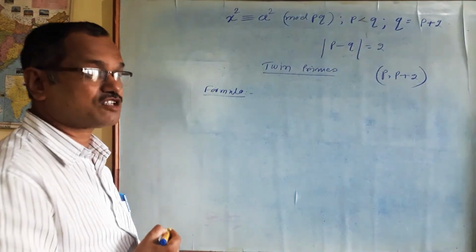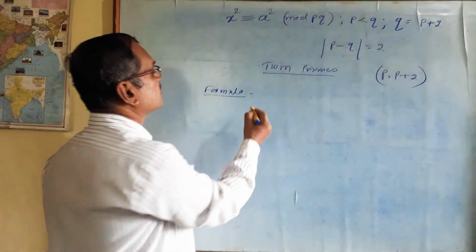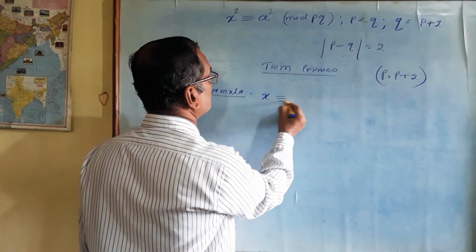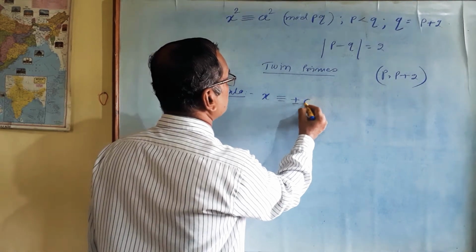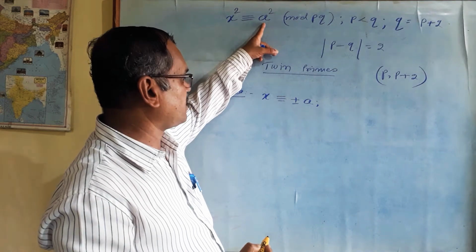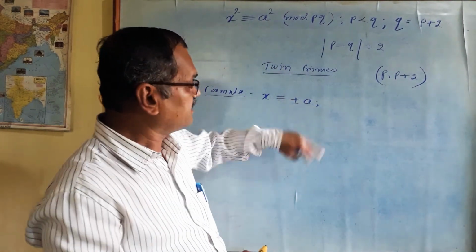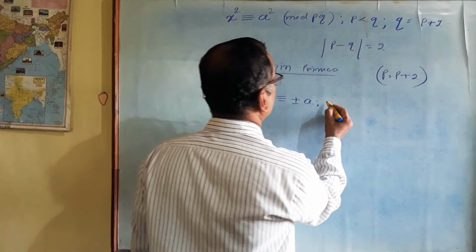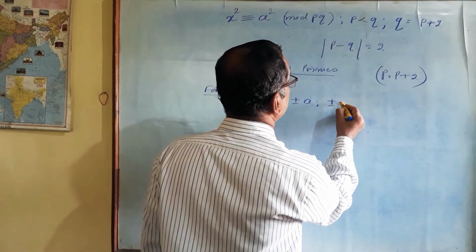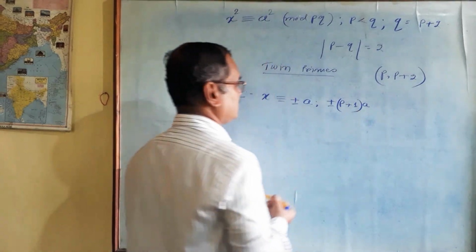Now the formula for the solutions of this quadratic congruence. If x square is congruent to a square, then the square roots, x congruent to plus minus a, are two solutions, and the remaining two solutions are plus minus p plus 1 into a.